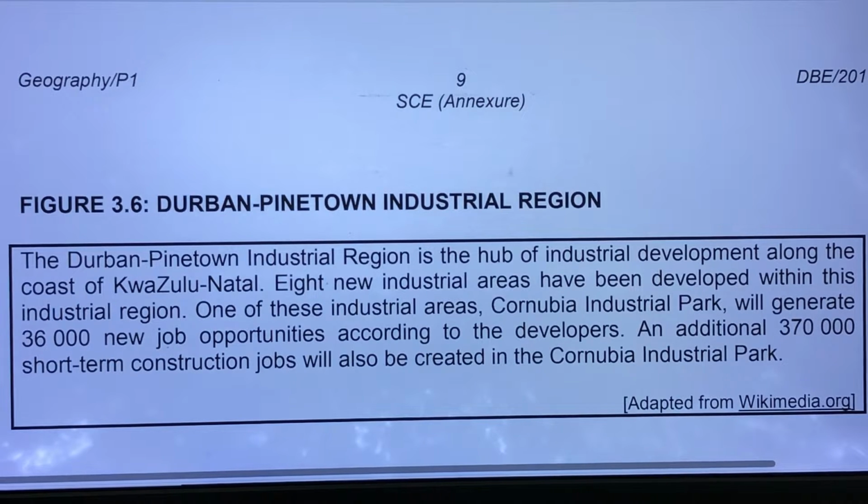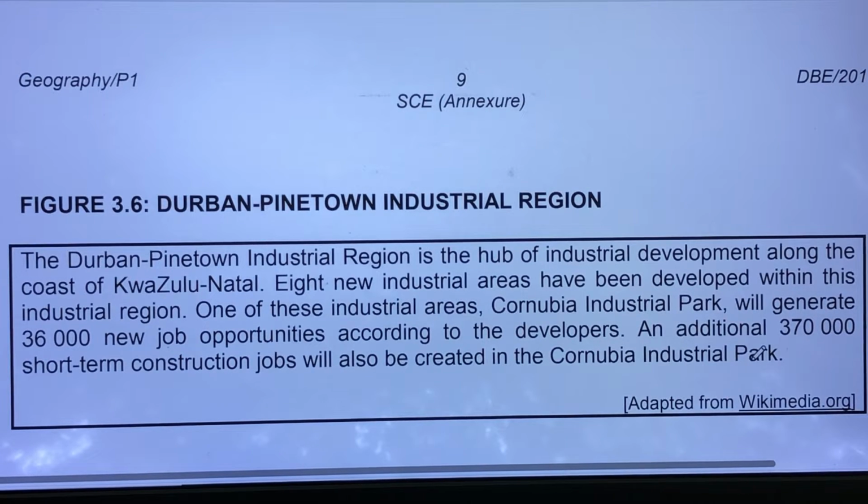So the figure says the Durban Pinetown region is the hub of industrial development along the coast of KwaZulu-Natal. 8 new industrial areas have been developed within this industrial region. One of these industrial areas, Konobia Industrial Park, will generate 36,000 new job opportunities, according to the developers.